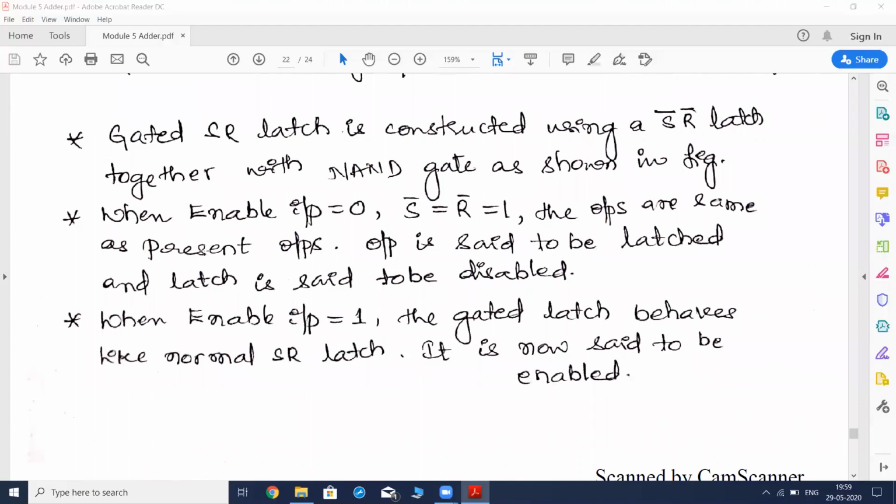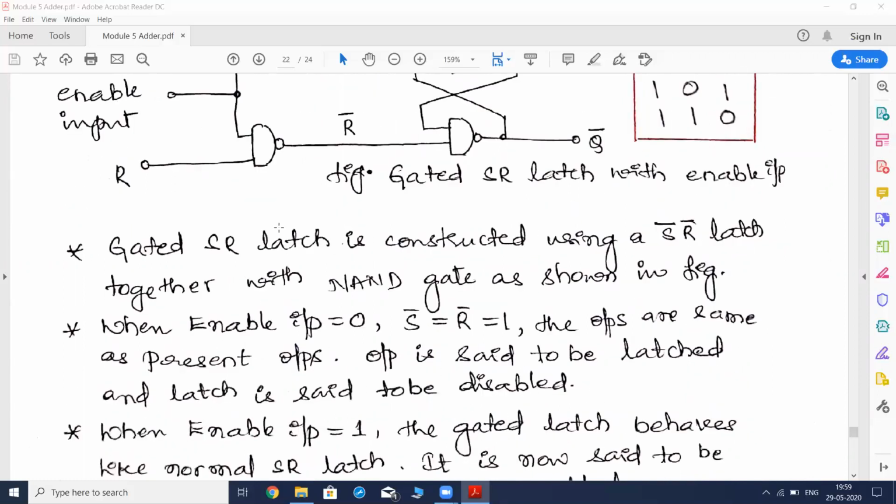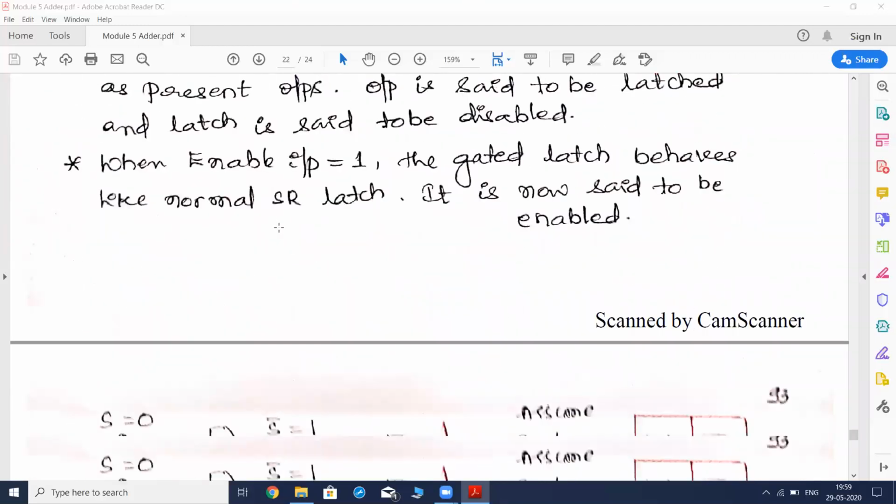When the enable input is 1, the gated latch behaves like a normal SR latch. Whenever the enable input is 1, we say the latch is enabled. When the enable input is 0, we say the latch is disabled. For that purpose we give this enable input. Whenever the enable input is active, it behaves like an SR latch. So the enable signal is very, very important for us.